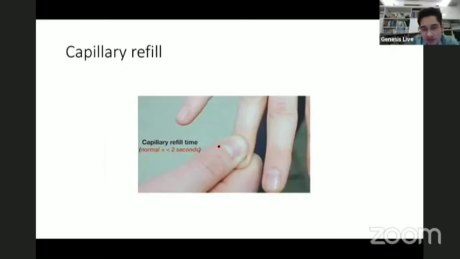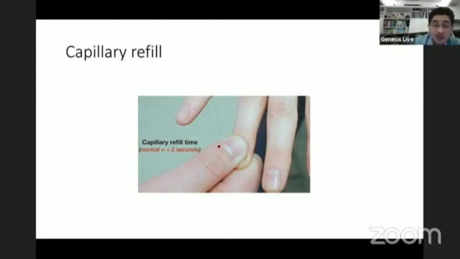Capillary refill. You press on the nail bed for around 2 to 3 seconds and then let it go. Usually it is filled immediately, but if it takes more than that, then we say that the capillary refill time is longer. Usually it is less than 2 seconds. You can check it on your own fingers.